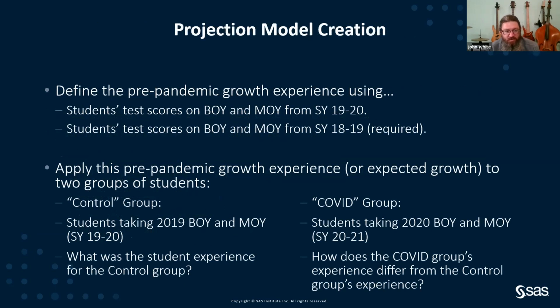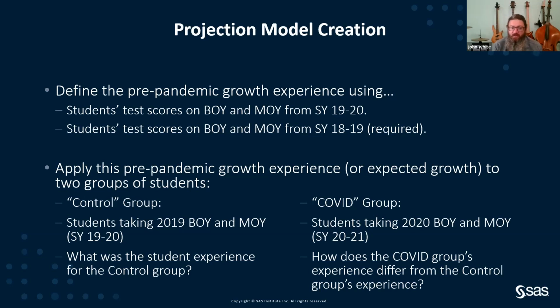I feel like we should spend a decent amount of time talking about this part. This is to go over what I was saying before in terms of the model and creating the pre-pandemic experience and then applying it to these 2 different groups. So we define the pre-pandemic experience using students' test scores on the beginning of year and middle of year from the 19-20 school year. The beginning and the middle of year were prior to school disruptions in the 19-20 school year.